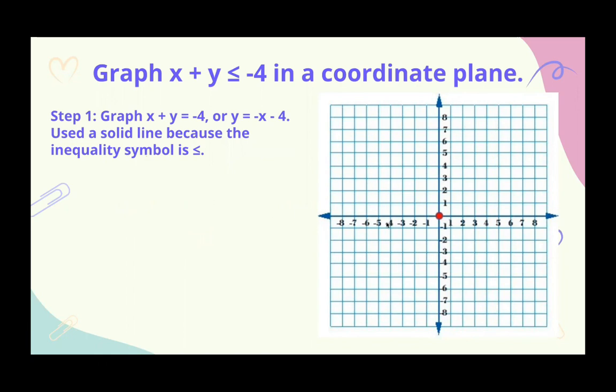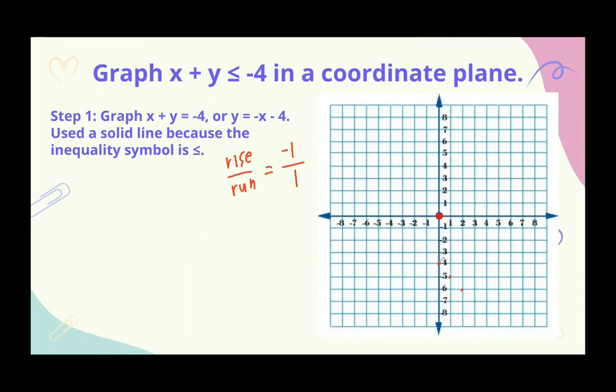I'll go ahead and use slope-intercept form. So -4 for our y-intercept, and then use your -1 slope. So rise over run. In this case, we have -1 for our rise, so we'll go down rather than up, and then we'll run 1. So down 1 over 1, down 1 over 1.